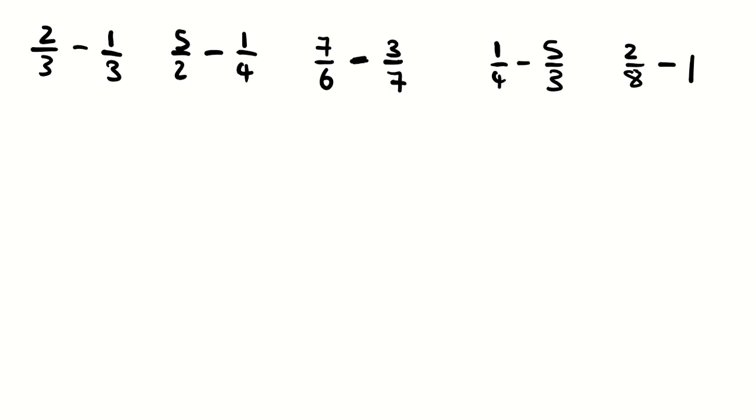We have 2 over 3 minus 1 over 3. Now, on a question like this, you can see that the denominators are the same. If the denominators are the same, just take the common denominator. In this case, 3 is common, it's the same. And you put it at the bottom here as a denominator again. And then you just subtract 1 from 2.